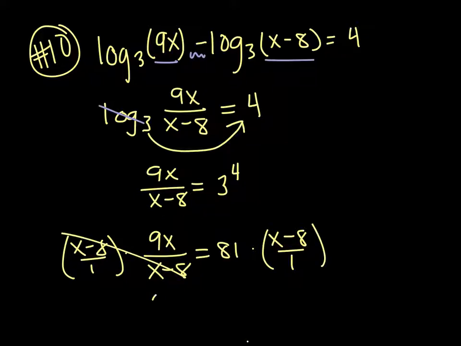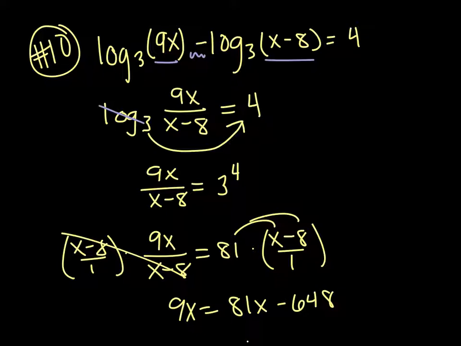That will make that go away, and we'll be left with 9x equal to 81x minus 648. I did not know what that was off the top of my head. Although 80 times 8 would be 640, plus 8 times 1, or 648. And then we just solve it like a normal equation.